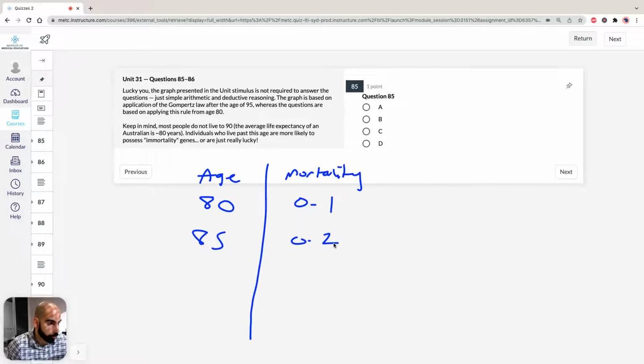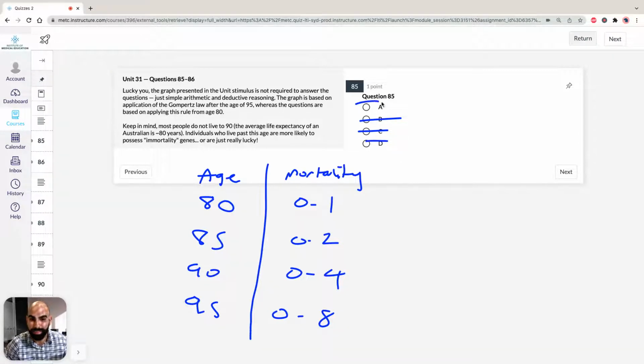So 0.2, and then what's the probability of a 95-year-old person dying before 96? Let's go 90, 95, and we'll stop there. So 0.4, 0.8. So that's why our answer for 85 isn't 0.4. It's 0.8.